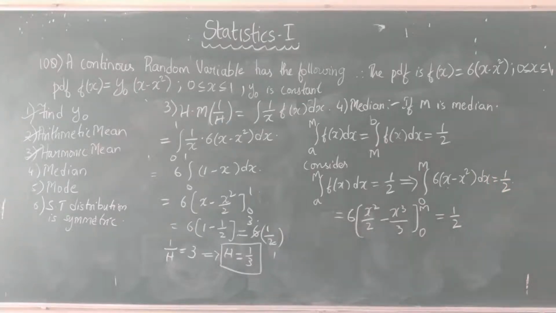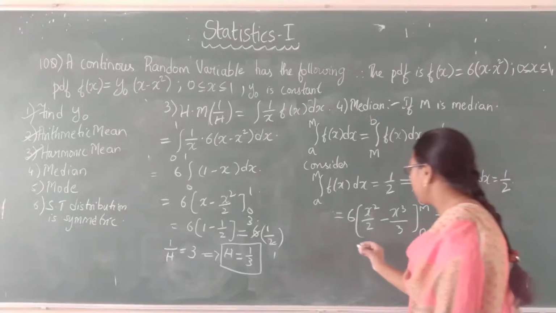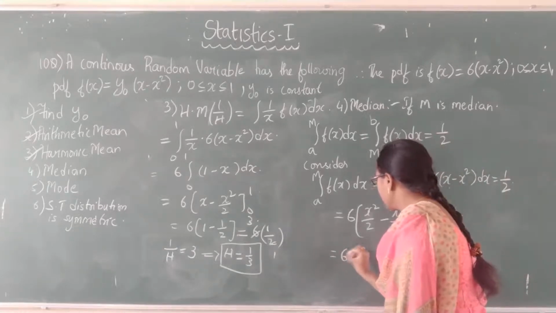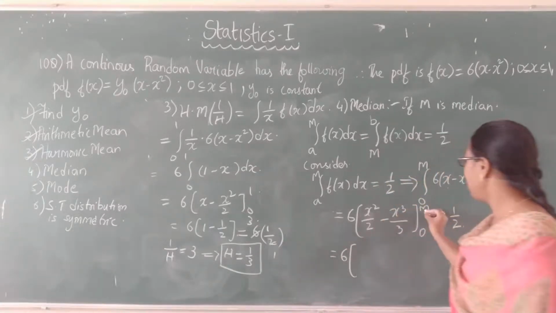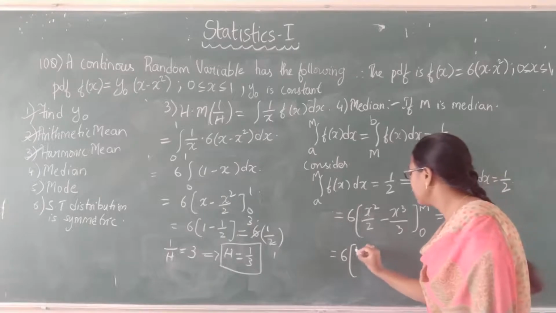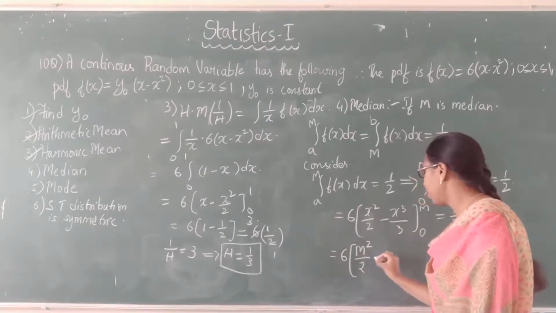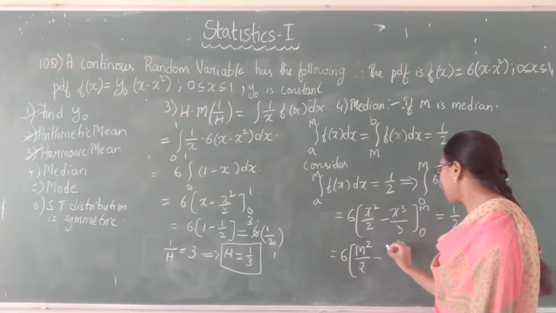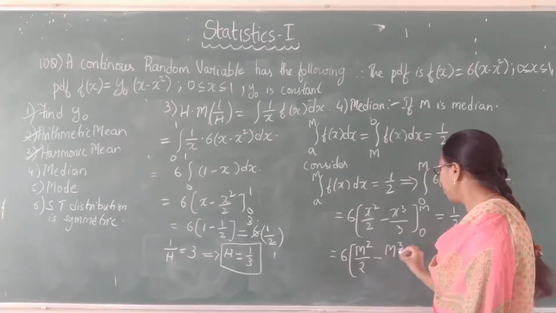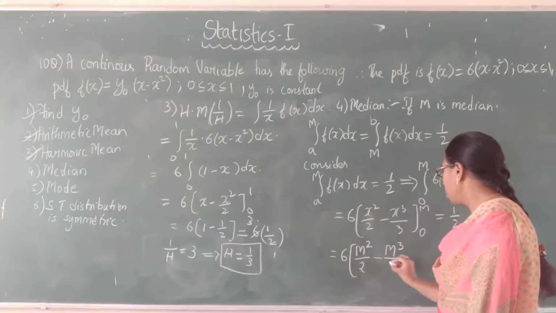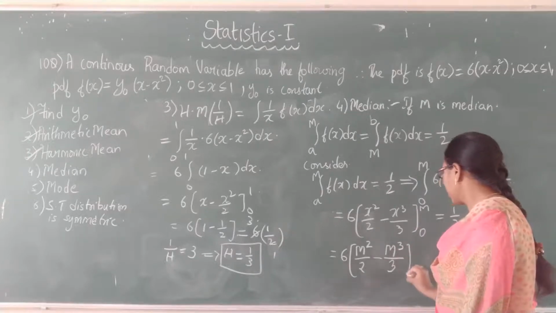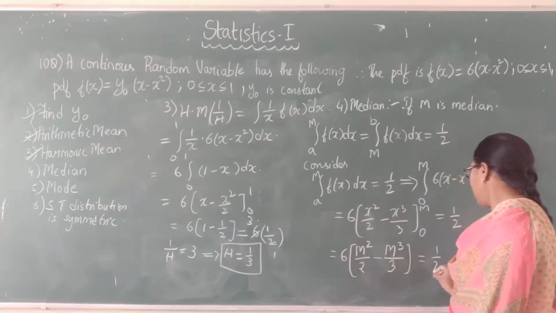Now solve this one. What is the upper limit? Upper limit is m and lower limit is 0. So we will be getting 6 into upper limit m, so m square minus 0 square is m square only. M square minus m square by 2, minus again upper limit is m, m cube minus 0 is anyhow m cube by 3, equals 1 by 2.